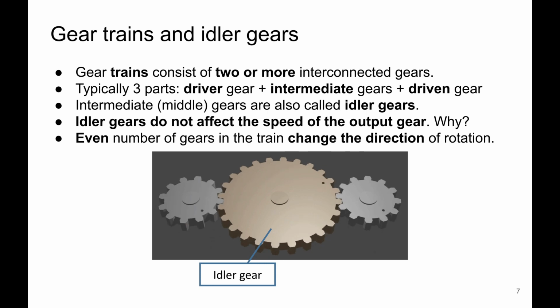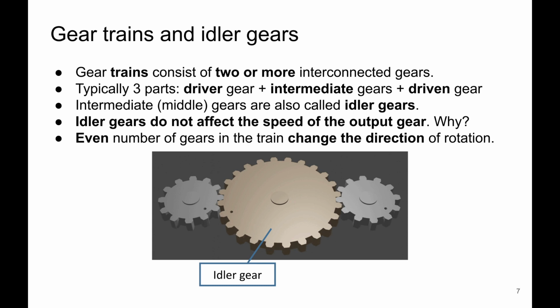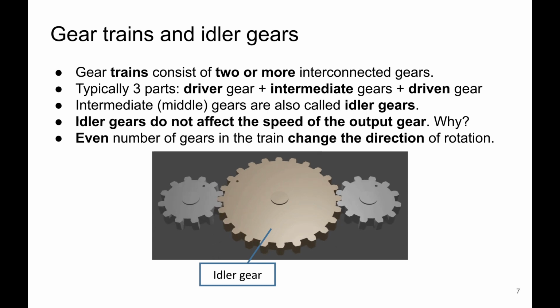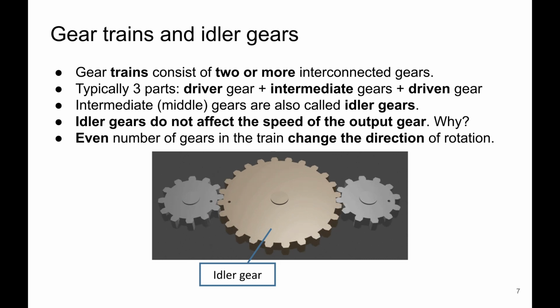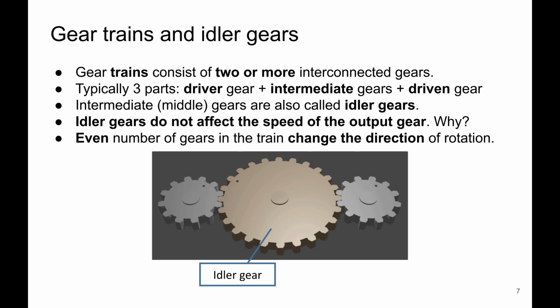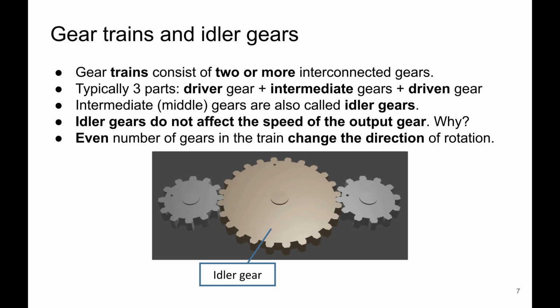Now, an even number of gears in the gear train will change the direction of rotation. If you had 2 gears in the train with no idler, just a driven and a driver, you'll notice that the driven and the driver would turn in counter rotation to each other.